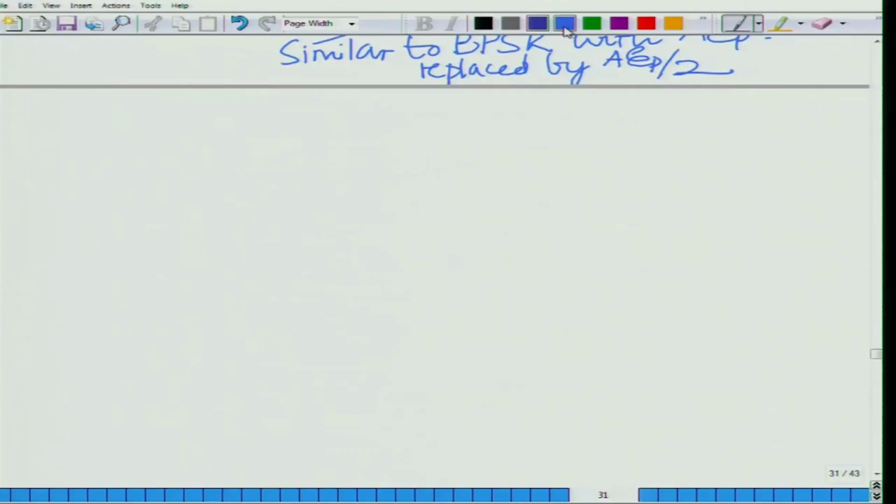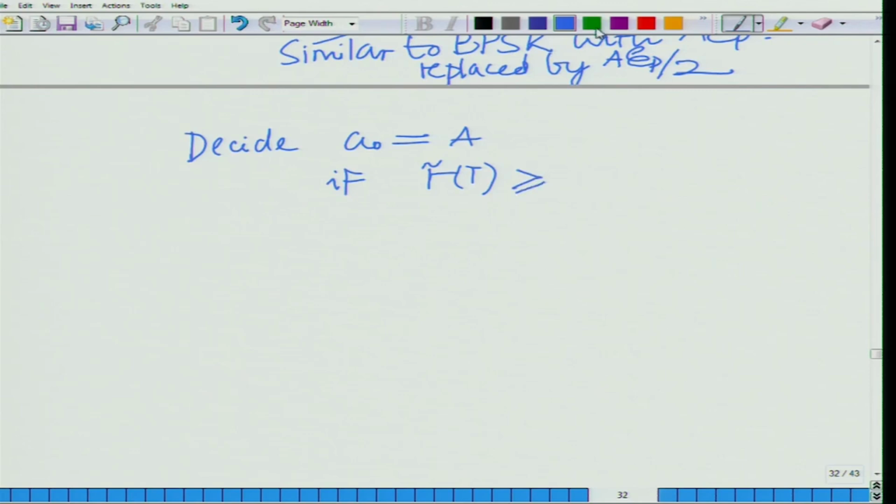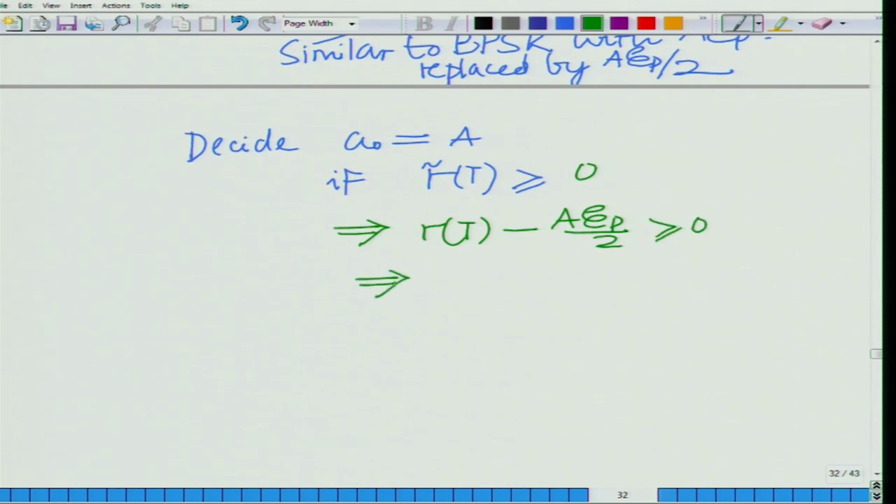Hence, the optimal detector again can be to decide A naught equals A if R tilde t is greater than or equal to 0, which implies R t minus AEP by 2 is greater than or equal to 0, which implies R t is greater than or equal to AEP by 2.